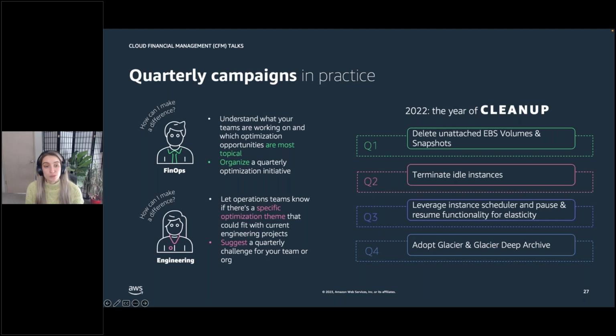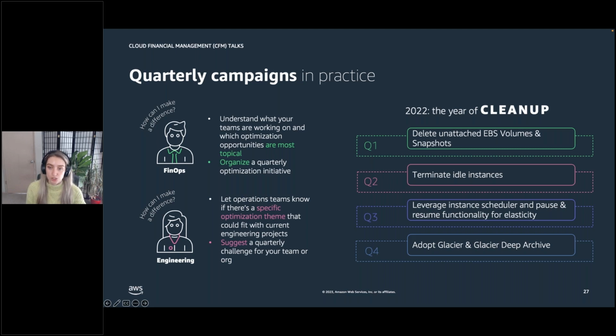From an operational perspective, your job is to understand what is going to be most effective, most topical, and where these needs are when you're thinking through how to organize a quarterly challenge or any sort of optimization initiative. And from an engineering perspective, if you see a need that would be applicable to one of these quarterly challenges or something like it, absolutely communicate that to FinOps.